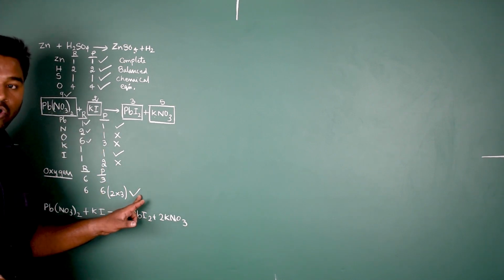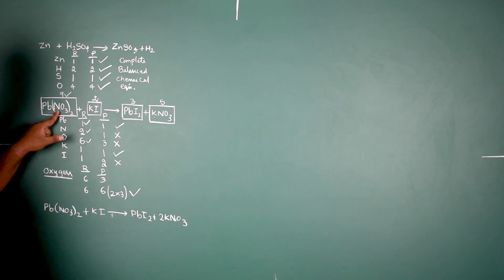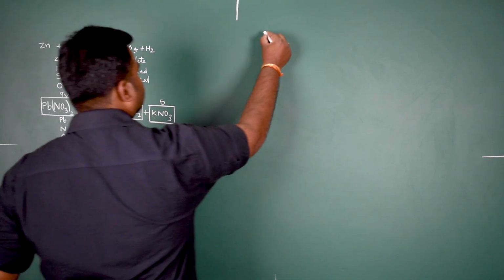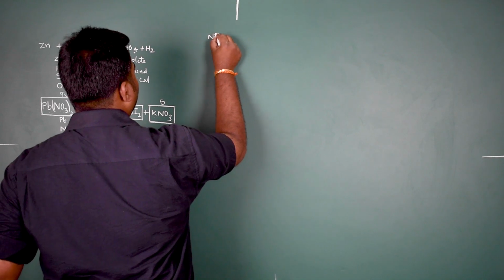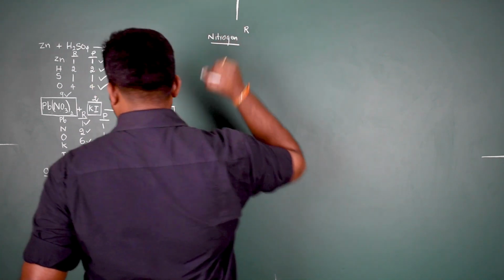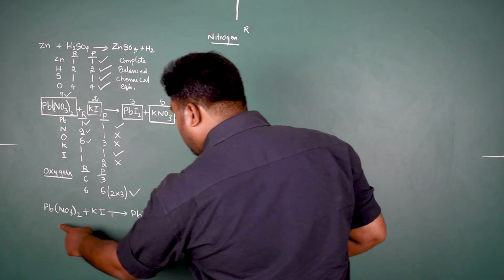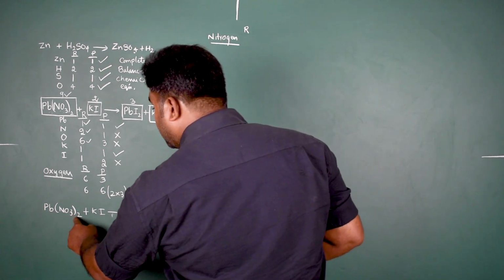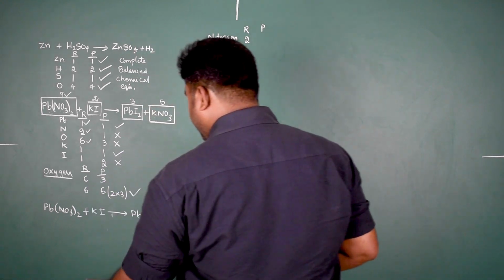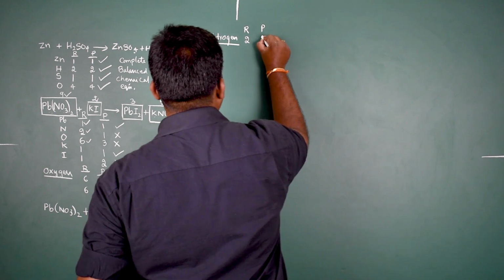Now after balancing oxygen, let's try to balance the other atoms. Let's take nitrogen next. On the reactant side, how many nitrogens do you have here? 2 nitrogens. So this is now your new equation. Here there are 1 into 2, so there are 2 nitrogens on the reactant side. How about the product side? Here 1 into 2, here also there are 2 nitrogens.